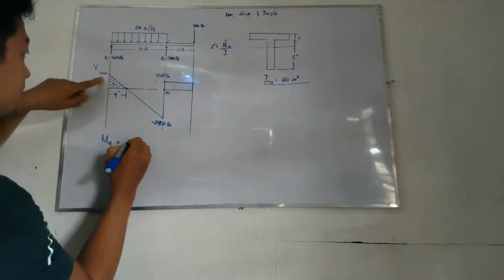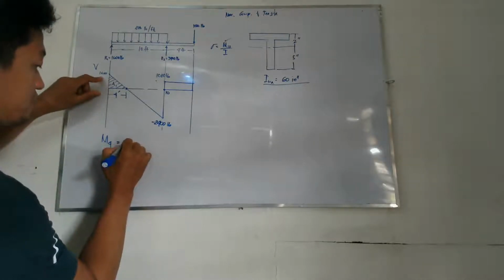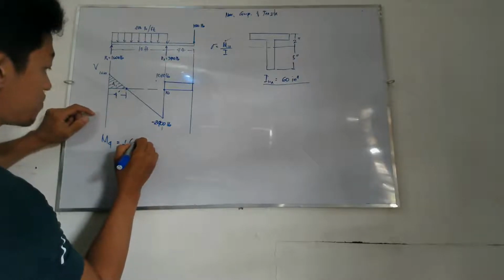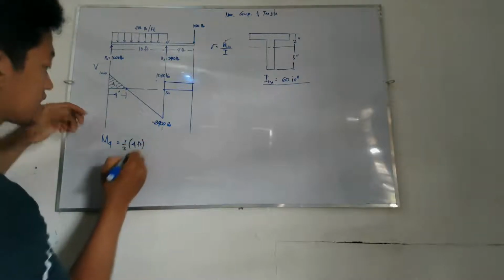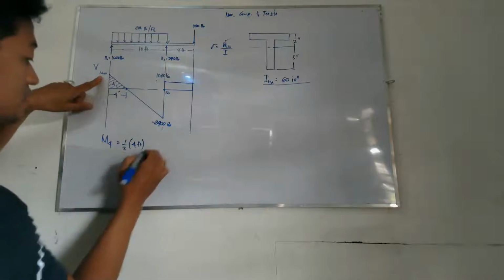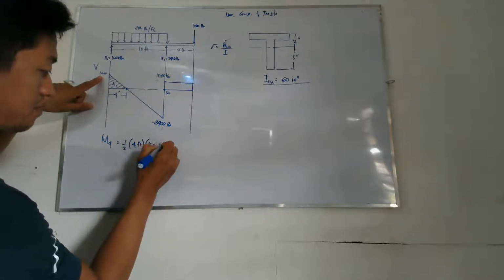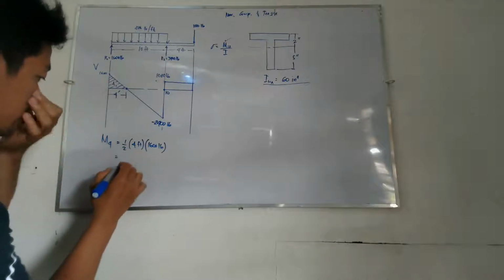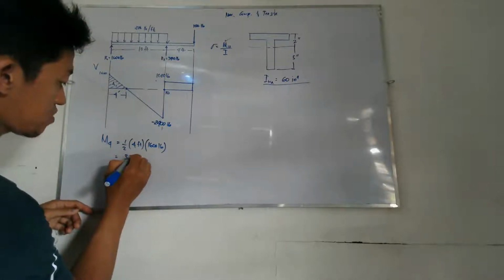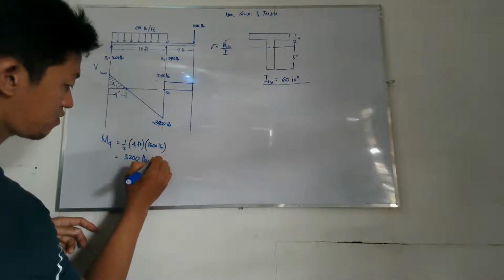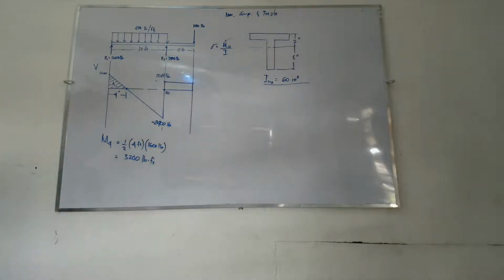Saan na siyang area? 1/2 triangle man, 1/2 base, 4 feet times 1,600 pound. So you have 3,200 pound force feet.